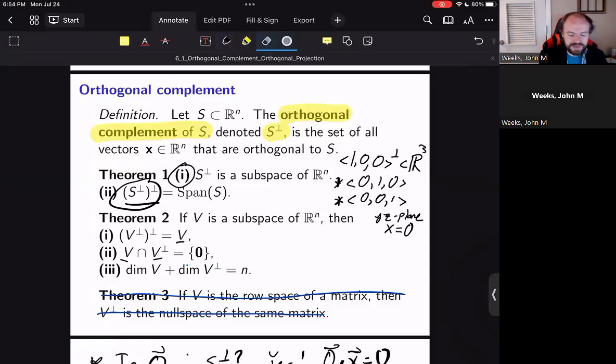Now, something else interesting happens here, which is that the dimension of V plus the dimension of V perp gives us the entire dimension of the space Rn. We could see this with some of our examples, looking back at our R3 example, for instance, where we were looking at (1, 0, 0) perp.